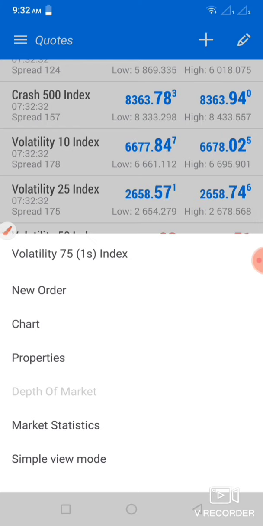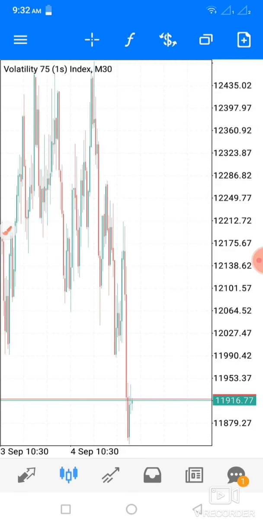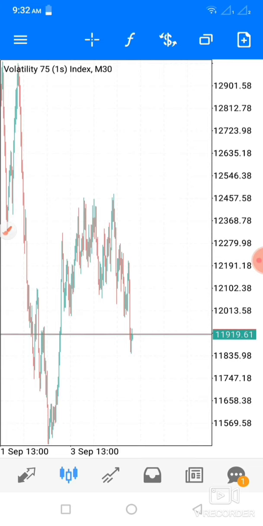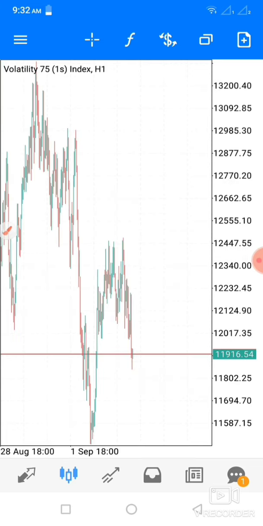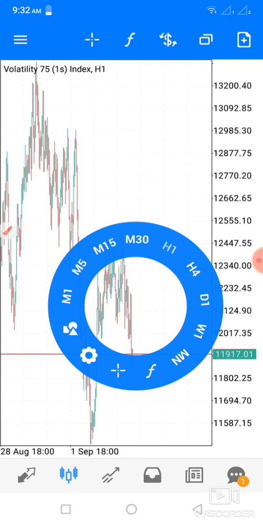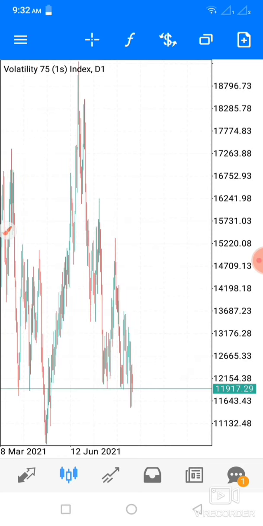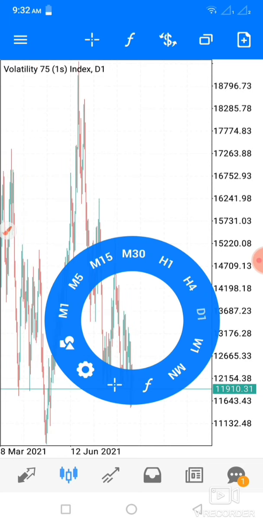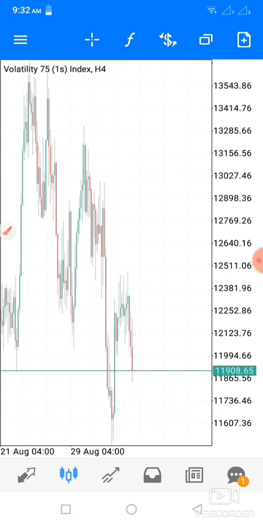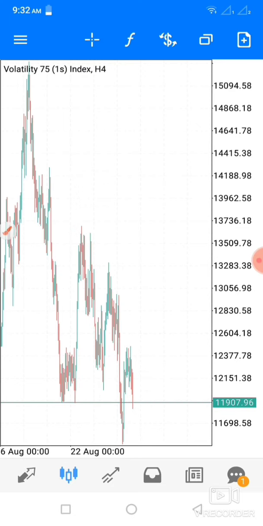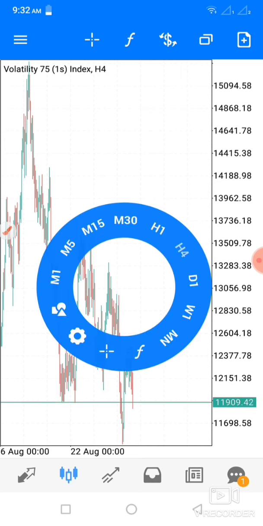And then when you want to open a trade, you don't just rush to click sell or buy. We go to the chart first, and we can analyze the chart on 30 minutes, on 1 hour, and on H4 like this, and you can see this is in a downward trend.